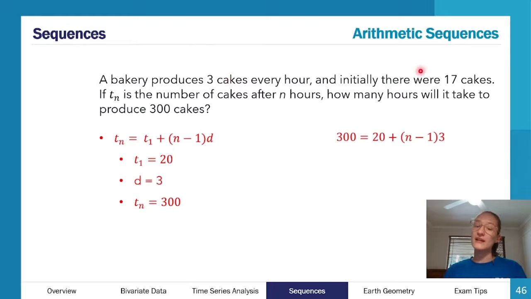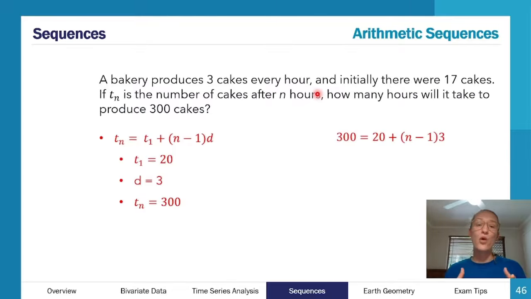But this is really interesting. There were 17 cakes initially. So I had 17 cakes at the start when 0 time had passed. No time has passed, but we still have 17 cakes. But Tn is the number of cakes after n hours.